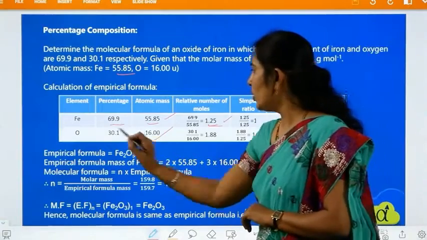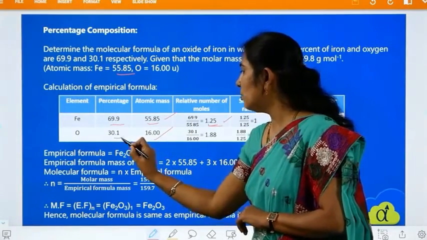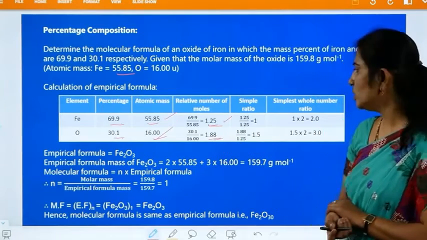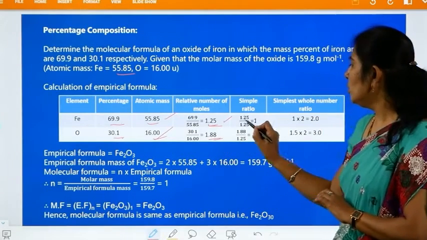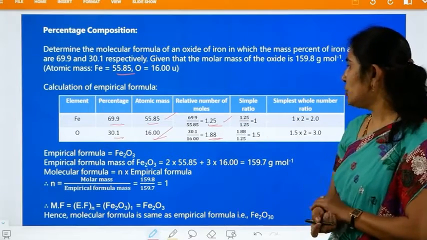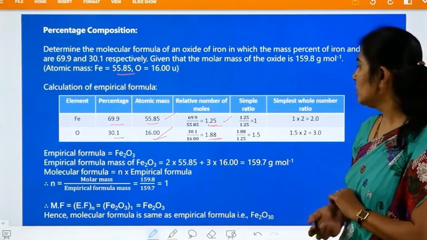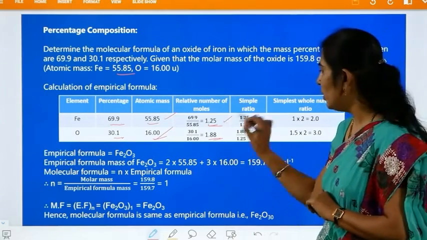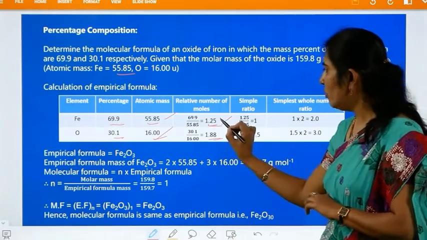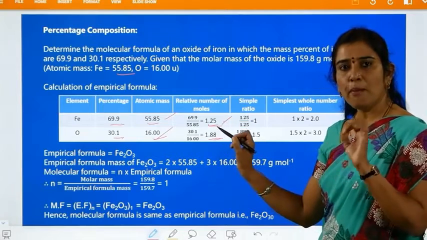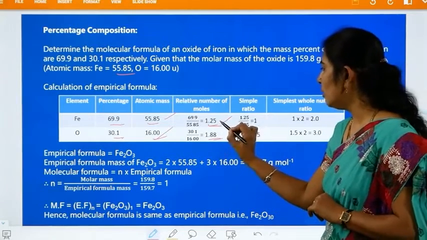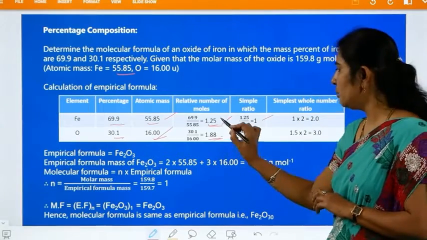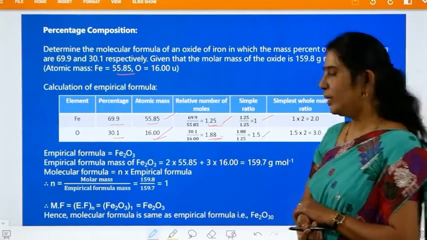Then for oxygen, the relative number is 30.1 divided by 16, you will get 1.88. Now, you have to convert that into a simple ratio form. Among these two values, which is the least value? 1.25. So, now divide these relative number values by the least number. Here 1.25 by 1.25, you will get 1. Then 1.88 by 1.25, you will get 1.5.